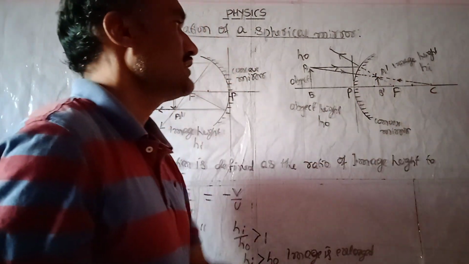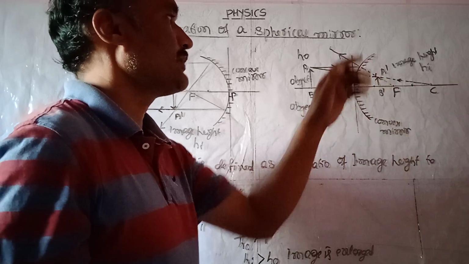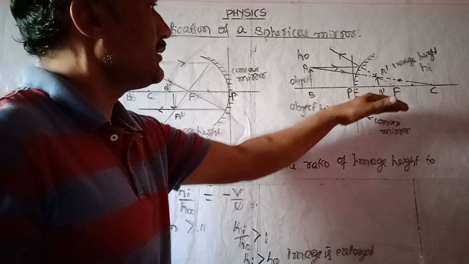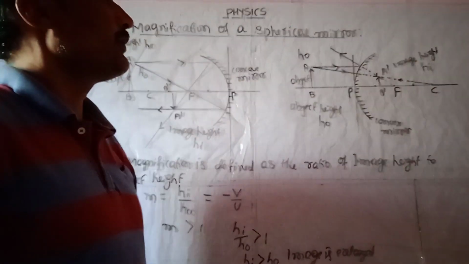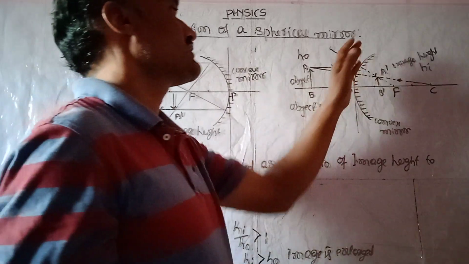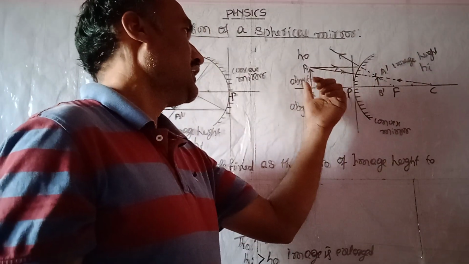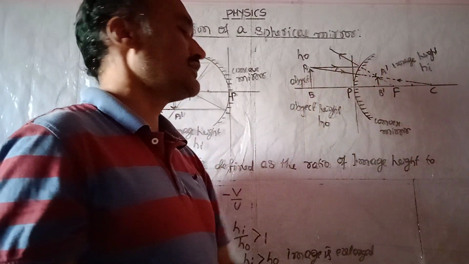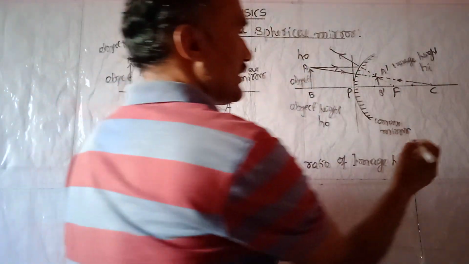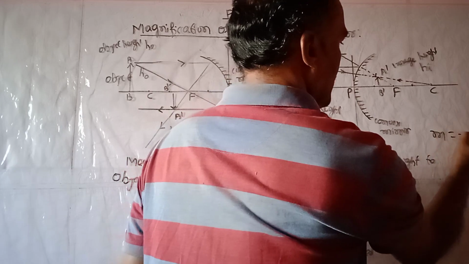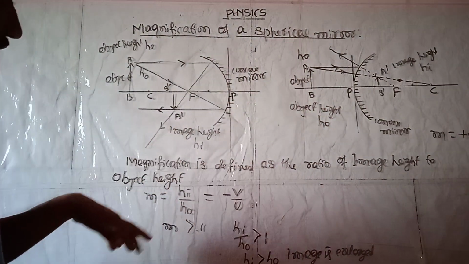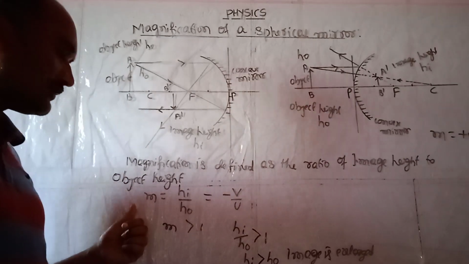Both object and image are perpendicular to the principal axis and parallel to the positive y-axis. So both object height and image height are positive. Magnification is always positive in a convex mirror.